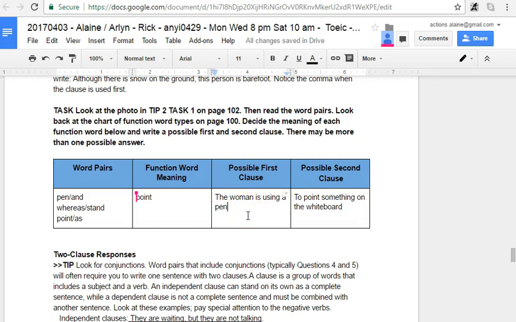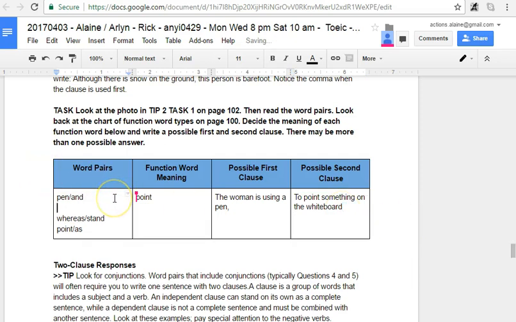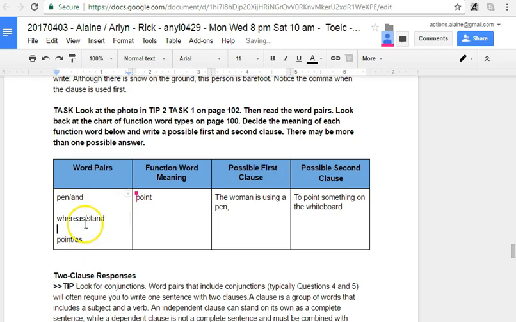You got it? The woman is using a pen, comma, to point something on the whiteboard. Do you got it? Not exactly. Not exactly.